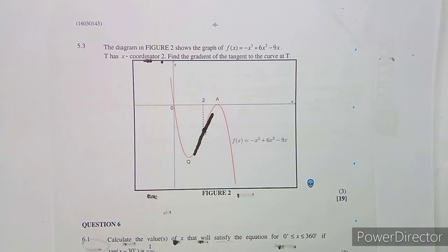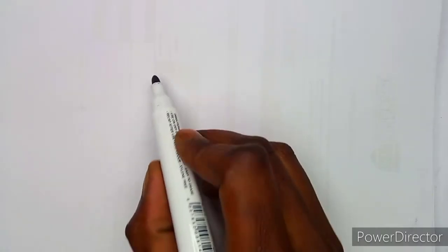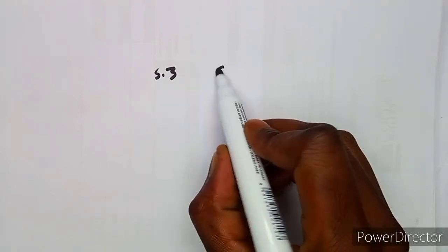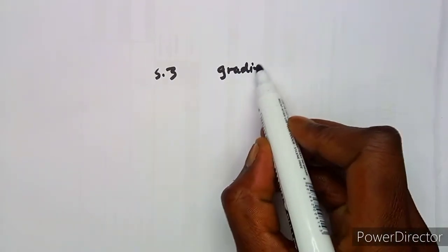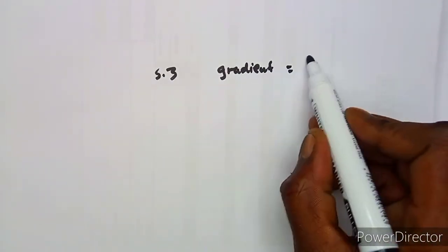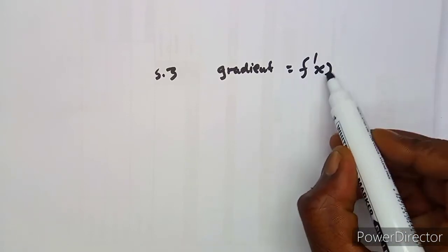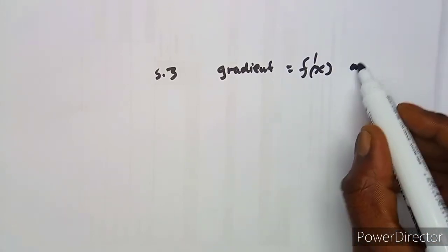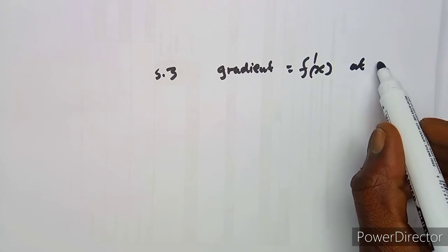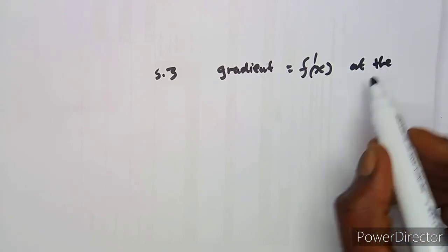Okay, so remember, guys, the gradient simply means dy/dx. In order for you to have the gradient, you must find dy/dx, which is actually equal to the first derivative, that is your dy/dx at the given point.